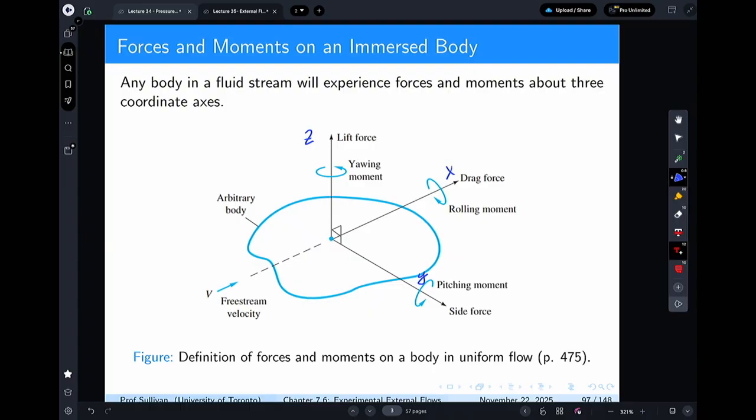In all of those cases, you have a corresponding moment. You have a yawing moment about the z-axis, rolling moment about the x-axis, and a pitching moment about the y-axis. And if you visualize this 3D object, you can see how those rotations occur. So you have pitching that occurs like this, rolling like this, and yaw like that.